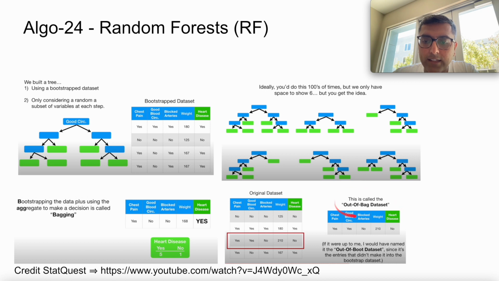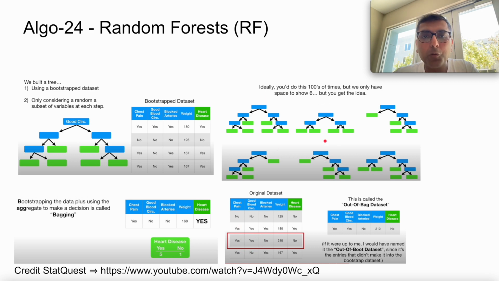Out of bag data set error testing is basically saying, hey, from all of these bootstrap data sets that you use to build the trees, find out those data sets that are not used in this tree building process, and then check whether you were able to predict accurately for those out of bag data sets that were not used for building this tree.